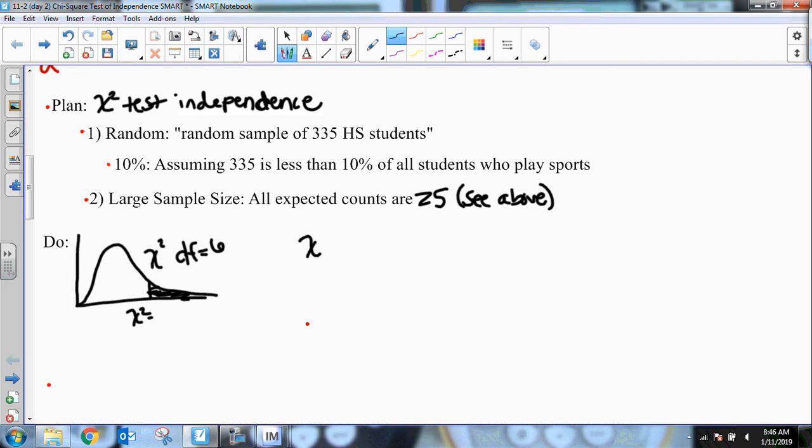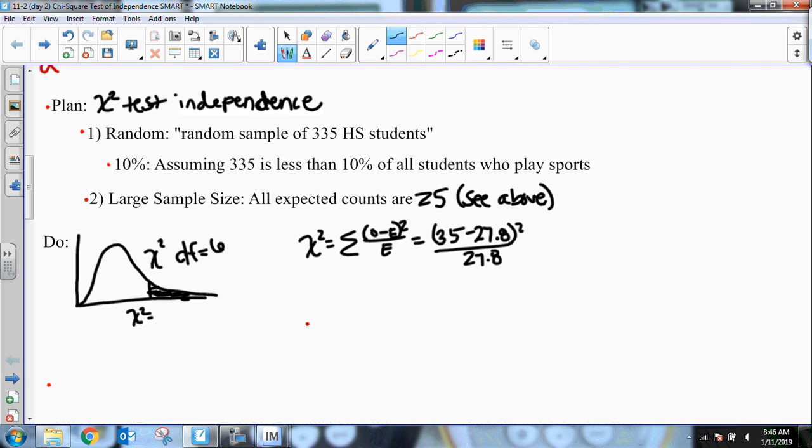So, chi-squared equals, hopefully you showed your work, observed minus expected squared divided by expected. All you have to do here is show a little bit of work. So, I started with 35 minus 27.8 squared over 27.8. Those are the observed and expected for Math 2 baseball.